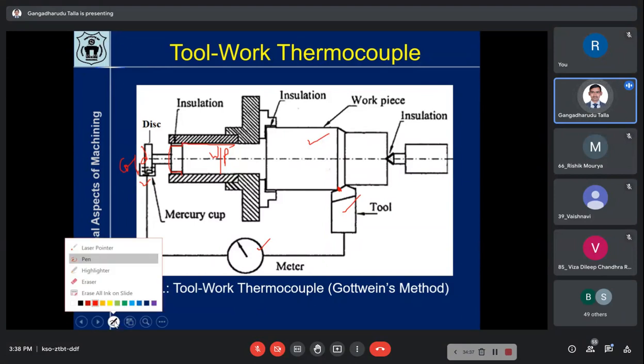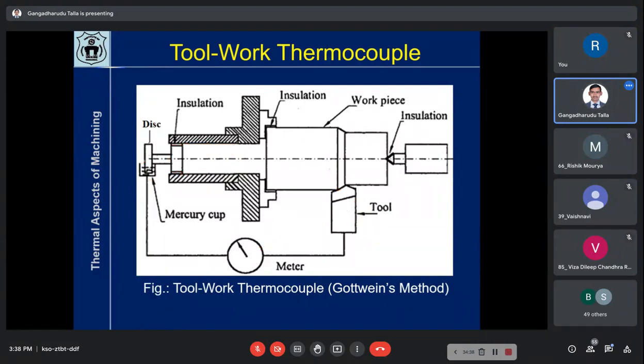Because if there is direct contact, there will be some friction between the workpiece material and the conducting material, and maintaining uniform contact between the thermocouple and the workpiece will also be difficult.